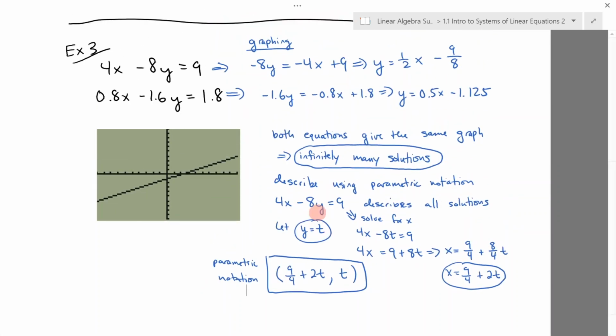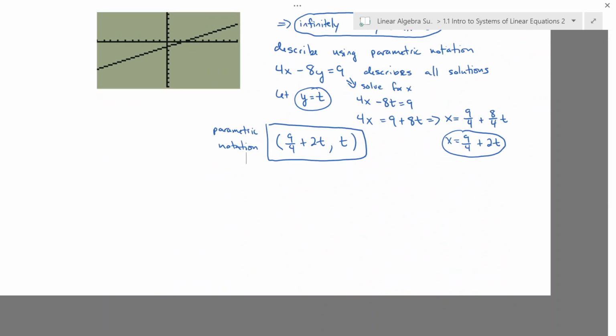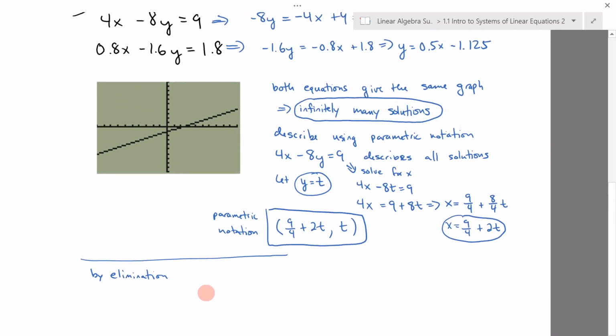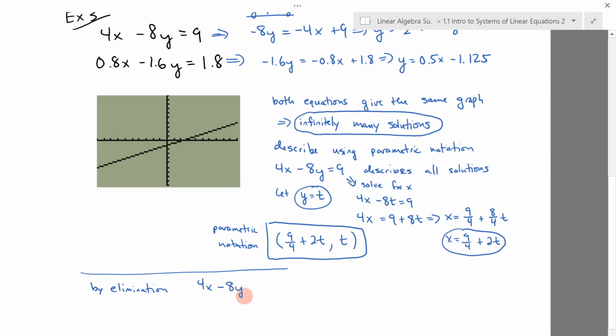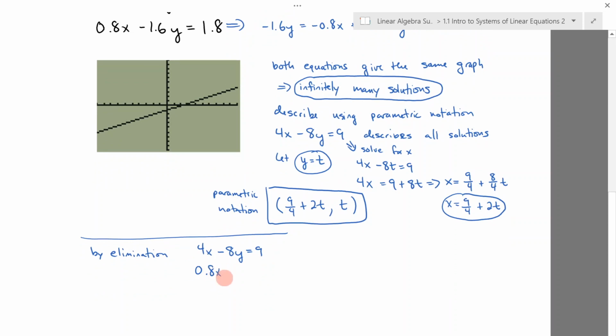And then again, let's see what the solution looks like when you try to do it by elimination. So what are the two equations again? 4x minus 8y equals 9, and then 0.8x minus 1.6y equals 1.8. I leave the first equation alone.